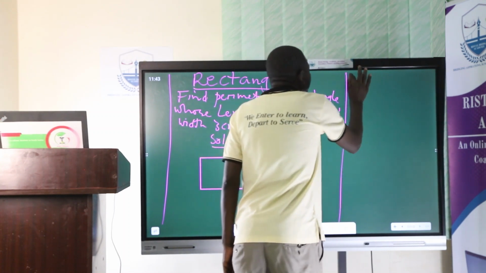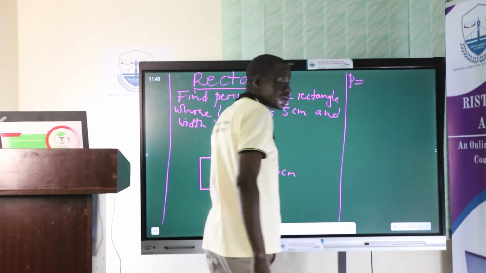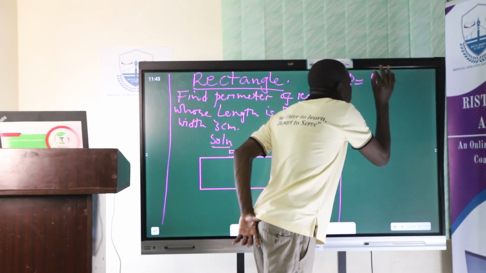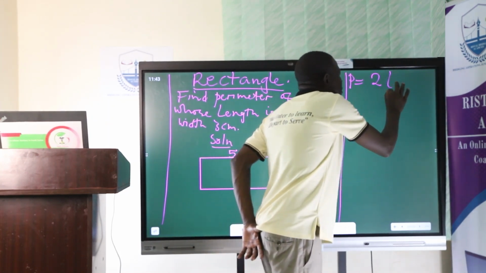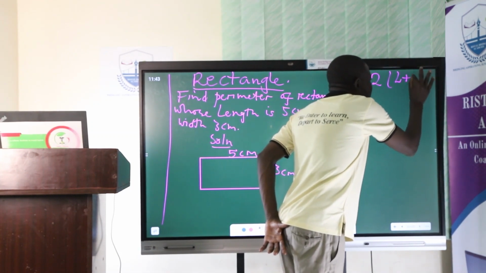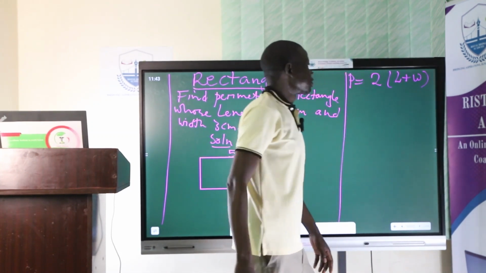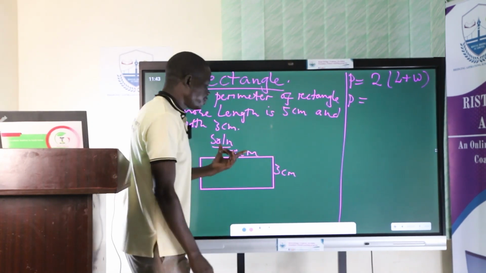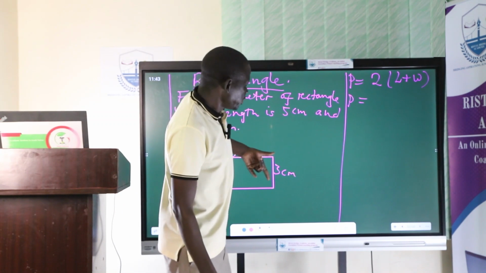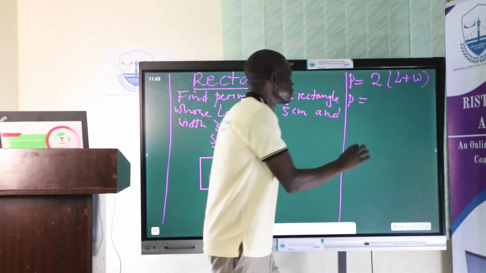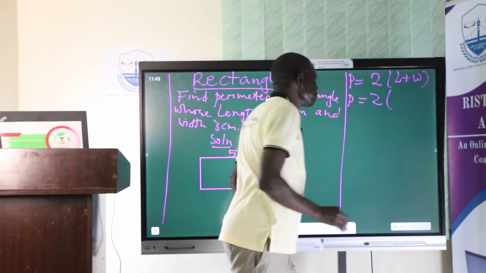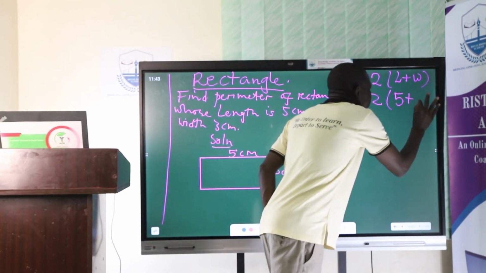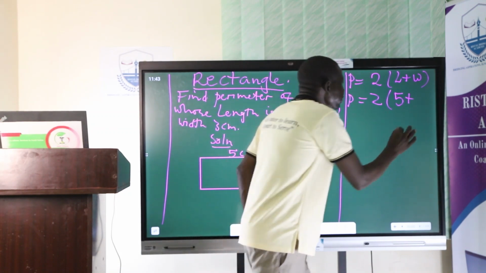So in this case, perimeter of the rectangle is obtained by the formula 2 into the length plus width, whereby our length is 5 and the width is 3. So we shall have 2 into, where there is L, we put 5, where there is W, we put 3.